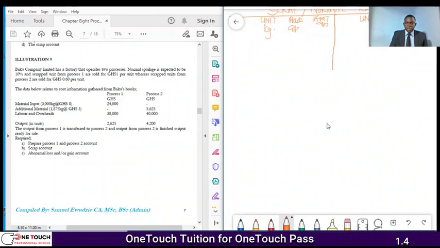Let me open the abnormal loss account. The units, the price, and the amount.